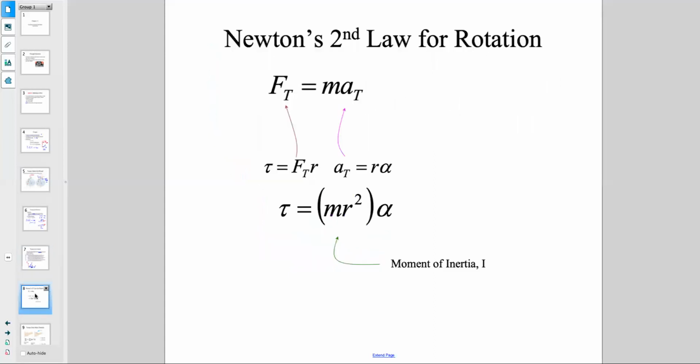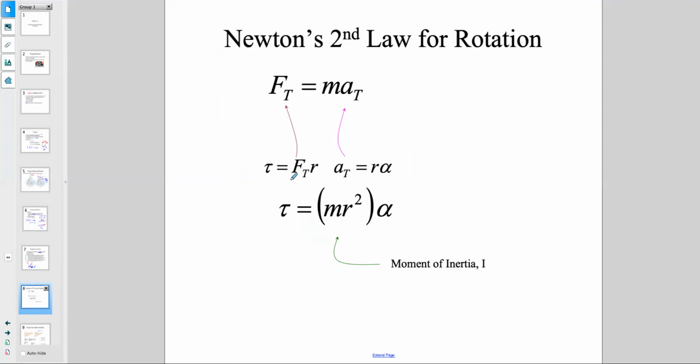So Newton's second law for rotation. Remember, Newton's second law is not only for linear motion, but also for rotating objects. In linear motion, we had F equals ma, that you can see here. In our case, we put a subscript of t, which means tangential, or tangent to the path, or tangent to the rotation.